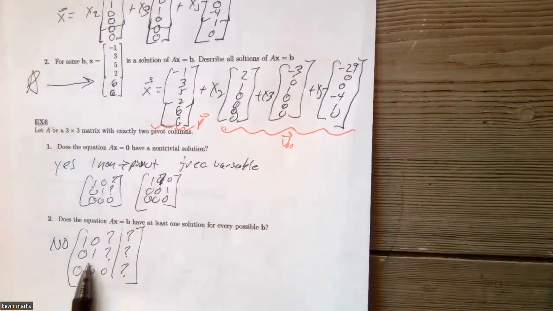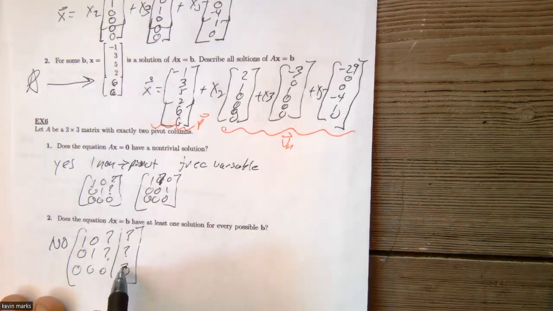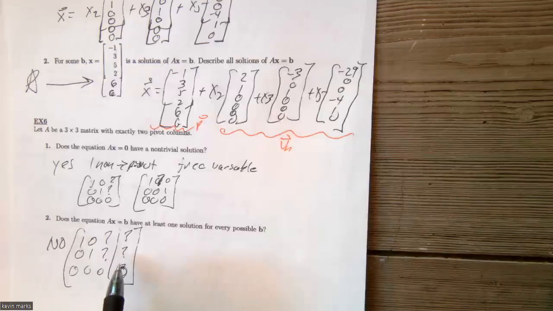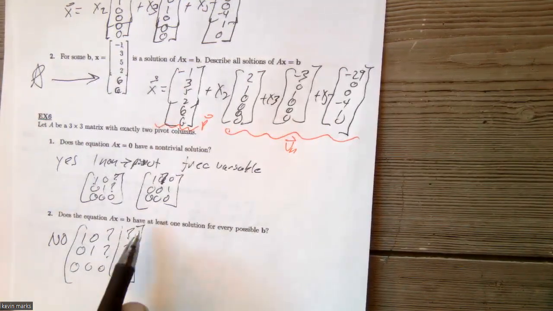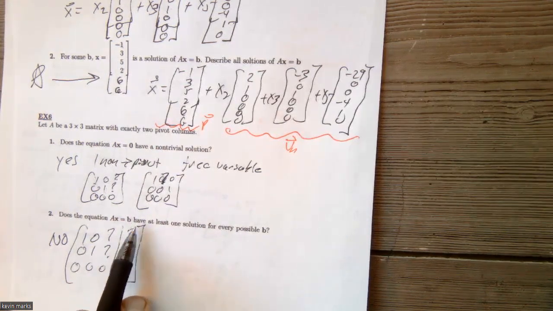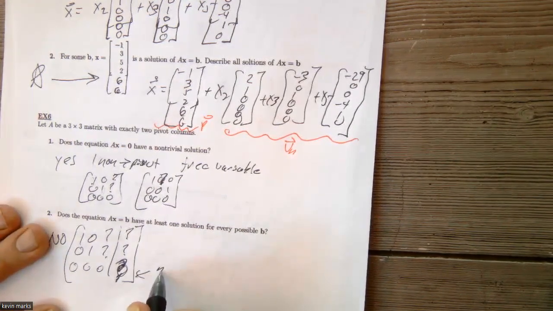If you have a free variable, that means this could be a 0, then you could get to that vector B infinitely many ways. But there would be other vectors that would produce no solution, right? So think of it as some of the B I could get to, I can get to infinitely many ways. But that means there would have to be some B I can't get to, right?